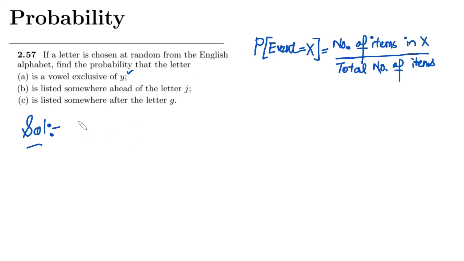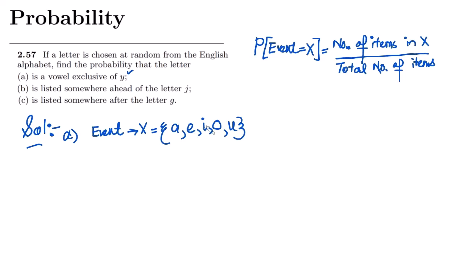As far as part A is concerned, this is a vowel, so let me call this event X, and this event consists of the items A, E, I, O, U. The total number of letters in English is 26.